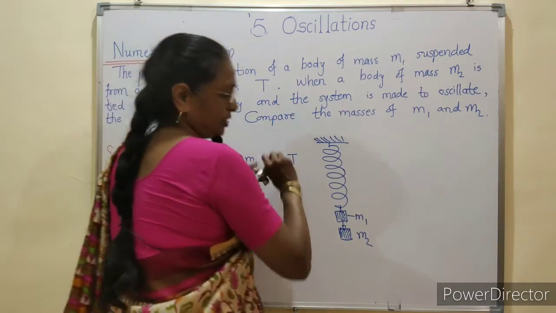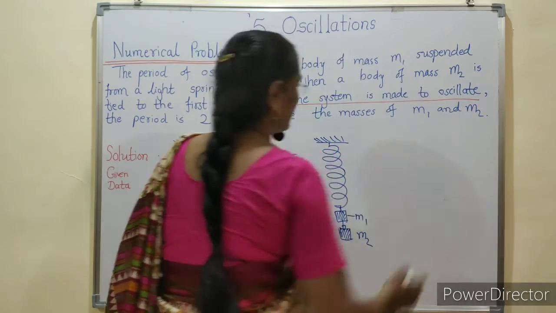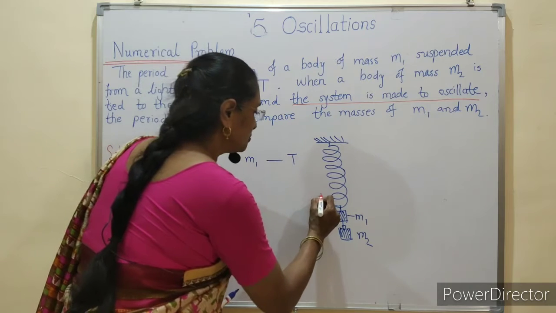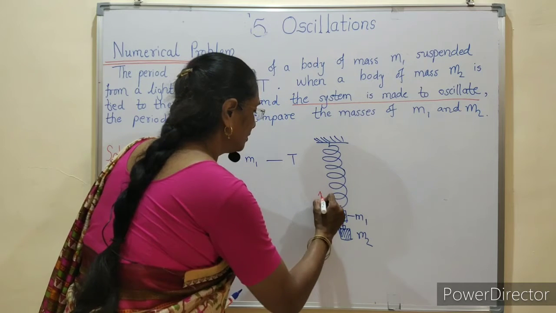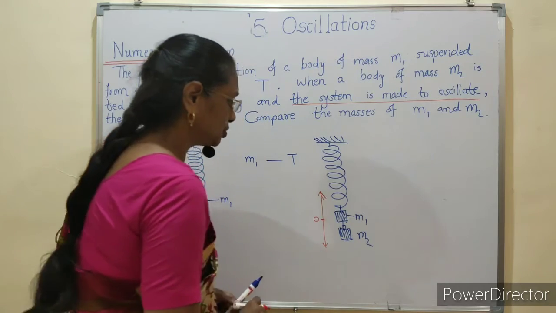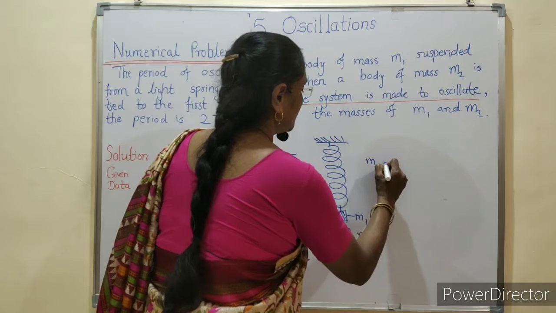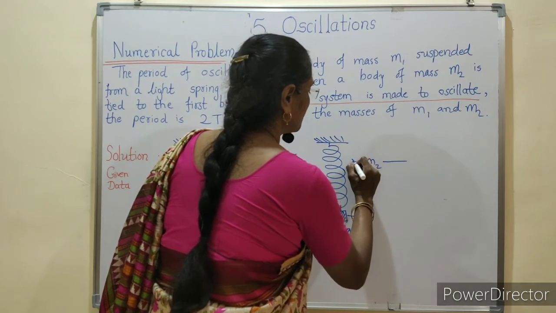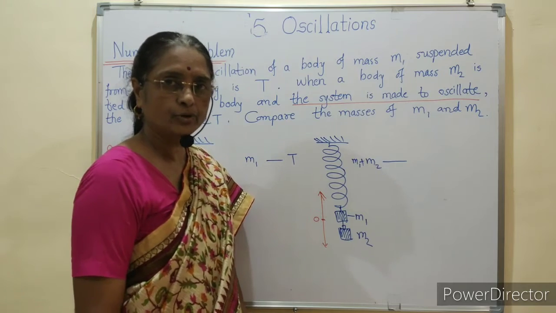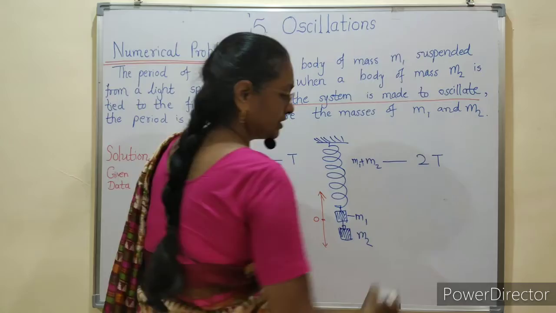The system is made to oscillate, meaning m1 and m2 both, about say mean position O, and the time period is found in this case for m1 plus m2. The system is having mass m1 plus m2 and the time period found is twice T.